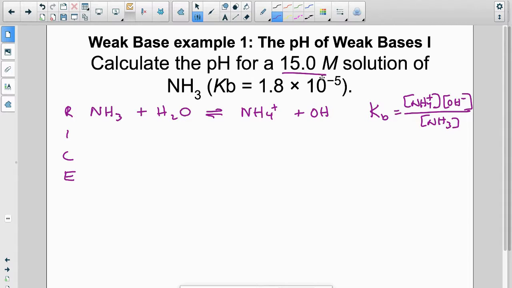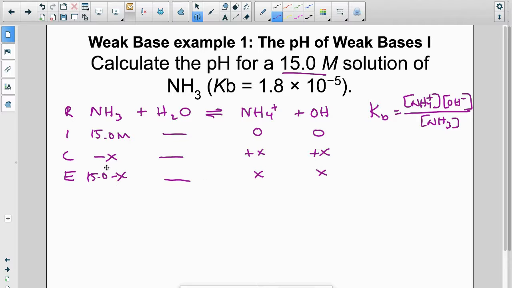Here we have our initial concentration, 15.0 molar. Water is a pure liquid and doesn't enter into the equilibrium expression. These are 0 to begin with, and then we can say this is minus x, plus x, plus x, 15.0 minus x, x, x.